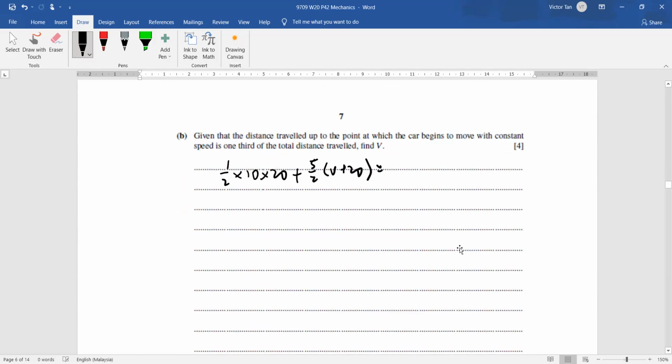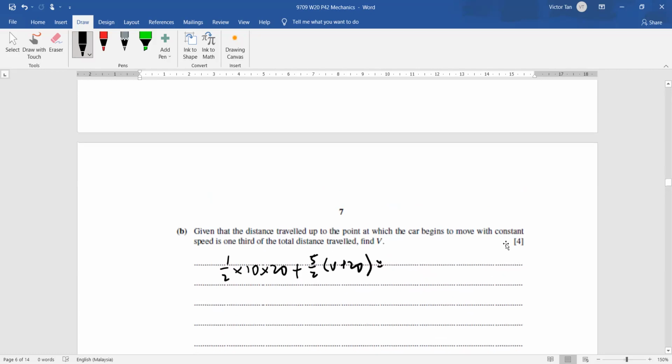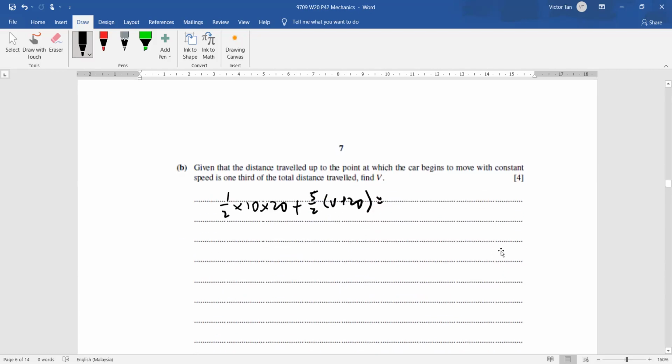So this part is 1/3 of the total distance. So the remaining will be 2 times the first part.